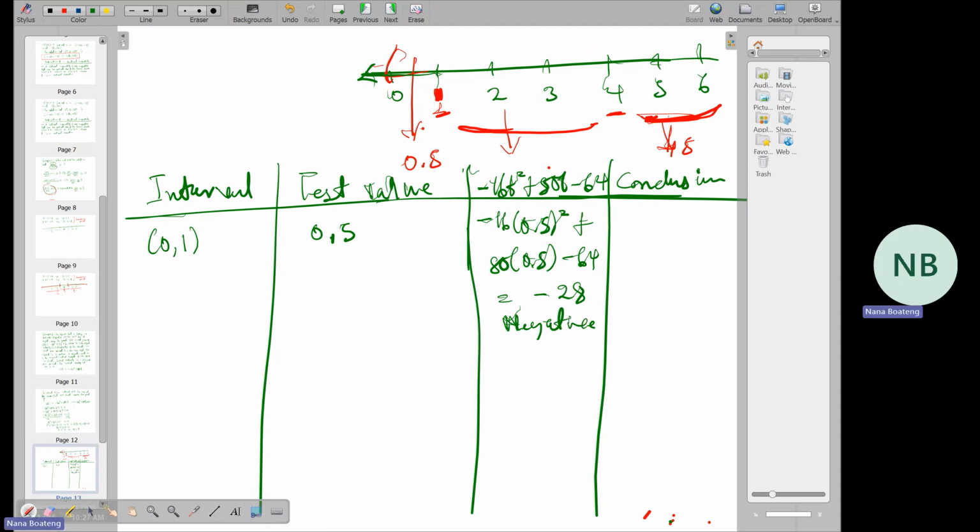So that means the statement s of t greater than 0 for all t in 0, 1 is false.